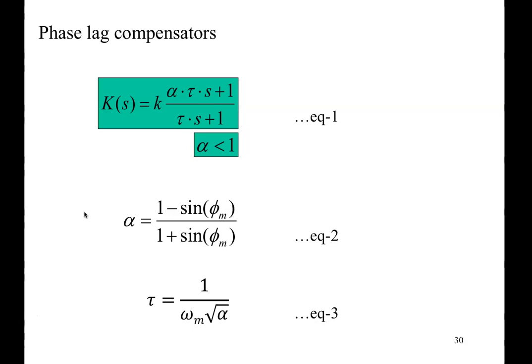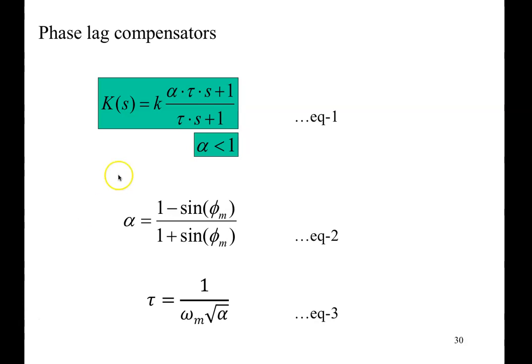Alpha greater than 1 gives you the phase lead compensator, which gives a positive phase angle. Alpha less than 1 will give you a phase angle in the negative region.